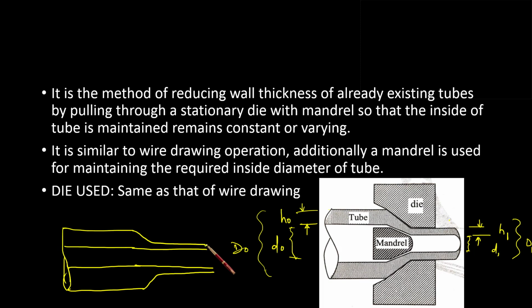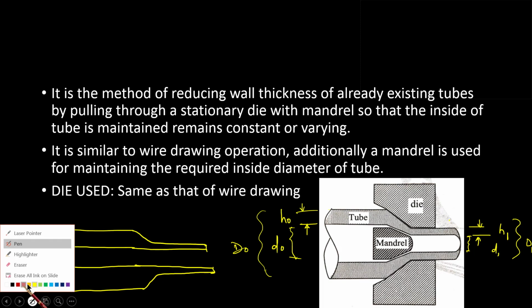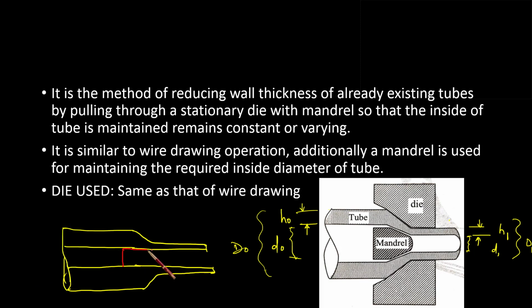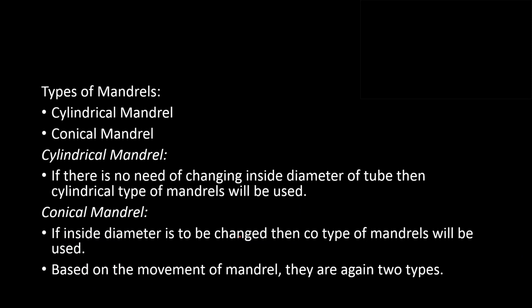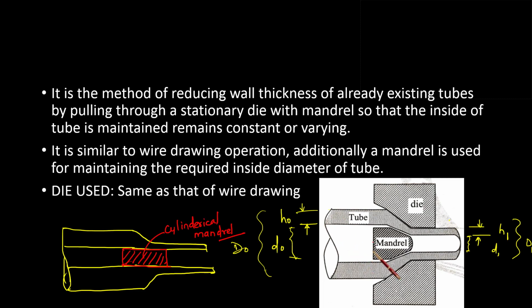Only the thickness will change, but the internal diameter will not. In that case we use a mandrel of cylindrical shape. And the conical mandrel is used when we want to change the internal diameter. Here the internal diameter d0 has to be changed to a smaller d1, so we have to go for a conical mandrel.